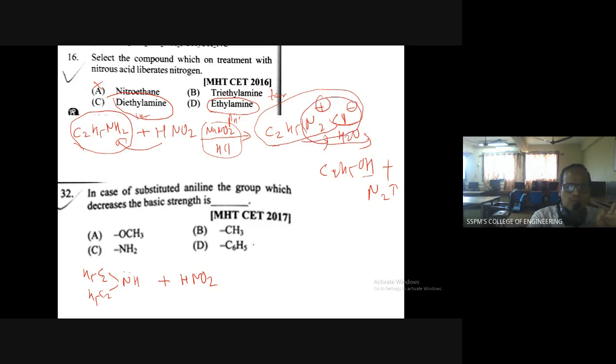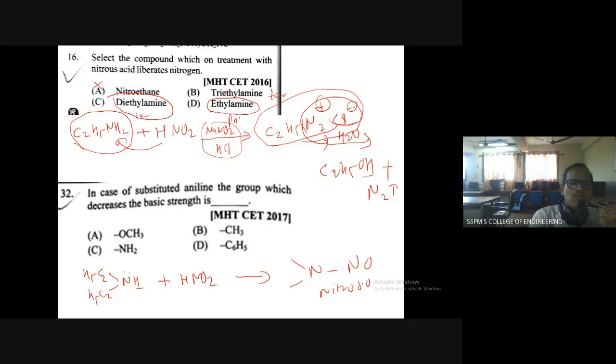That is not possible, because only one hydrogen remains. So here a nitroso compound is produced. The nitrogen of the amine is connected to an NO group. This is called nitroso. A nitroso compound is produced in case of a secondary amine.